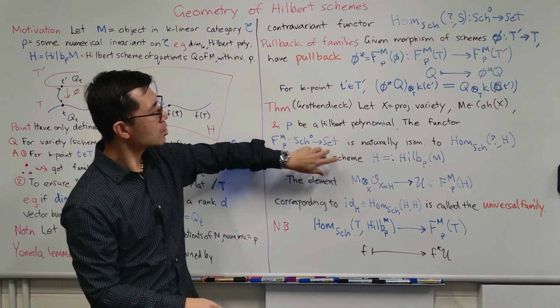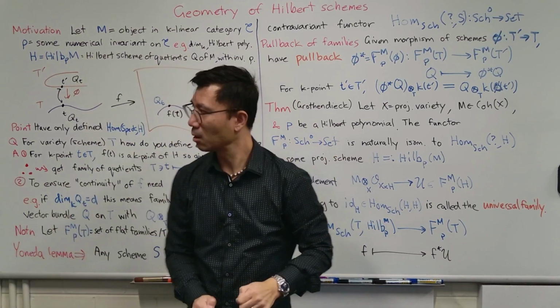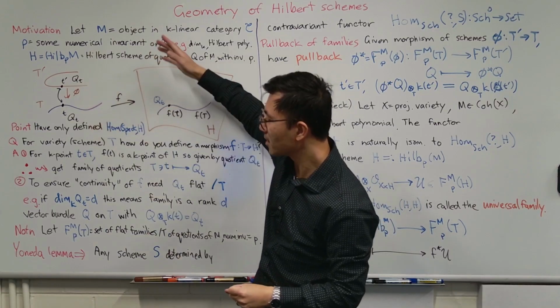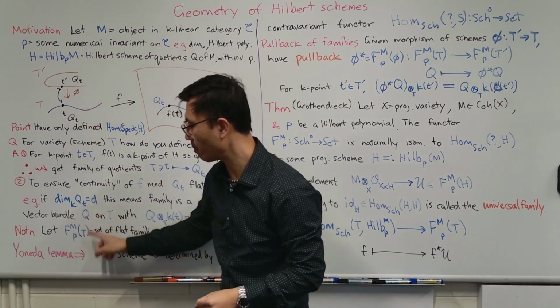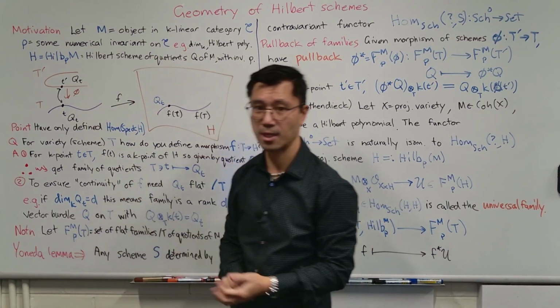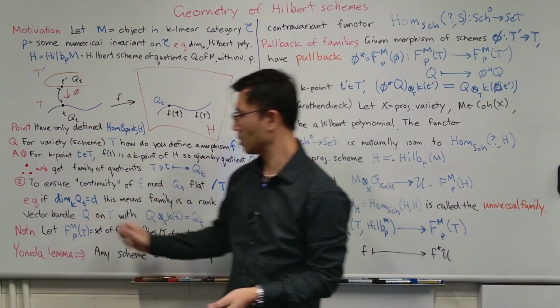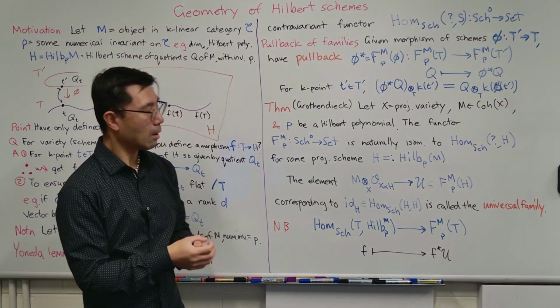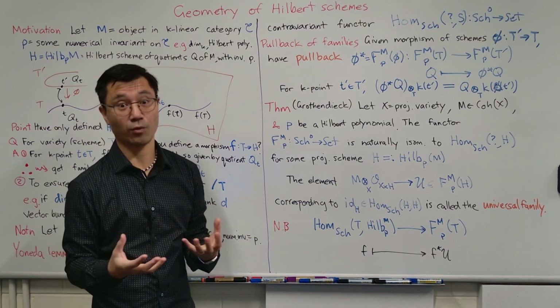By the way, I should add here that functoriality is important to make sure that there's compatibility in the definitions of all these FMPTs as you vary this T here. That's a very important thing that the category theory also does for us.